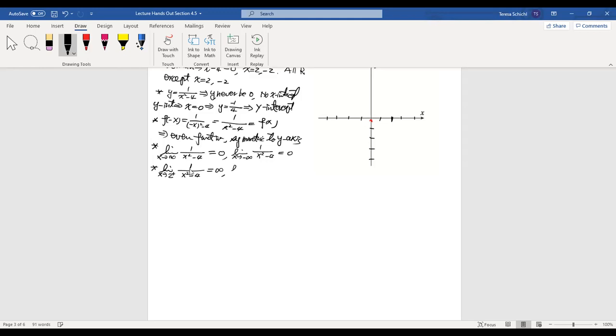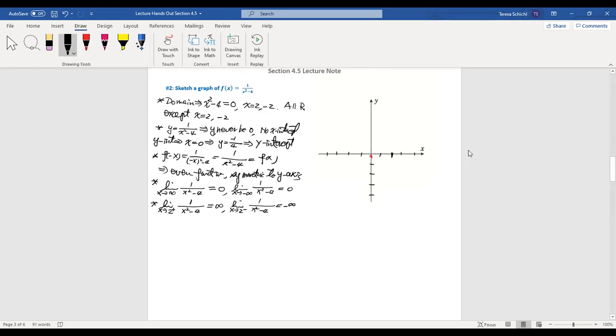The same way here, if x approaches 2 from the left-hand side, x squared minus 4 is always a little bit less than 0, so it's negative infinity. Okay, so from here I know here's the 2, and I can put a dot here.